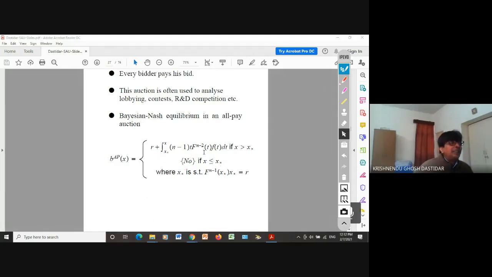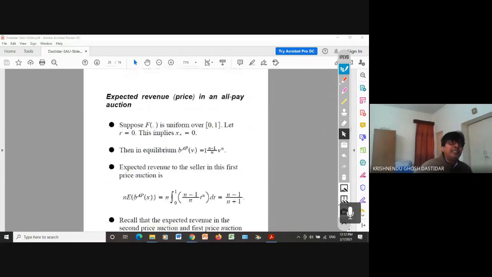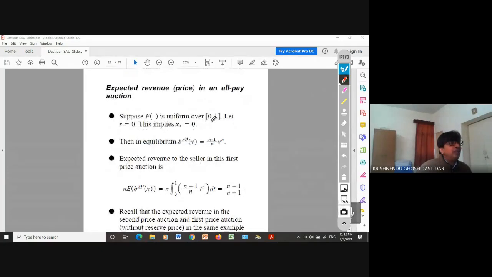Now, what's the expected revenue in an all-pay auction? Suppose we consider the same example. F is uniform over 0, 1 with no reserve price. This would imply X star is also 0. Then in equilibrium, you can show that each bidder in an all-pay auction will bid this amount, which would be less than what you would bid in a first price auction.